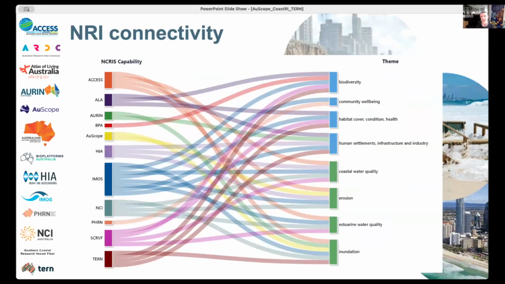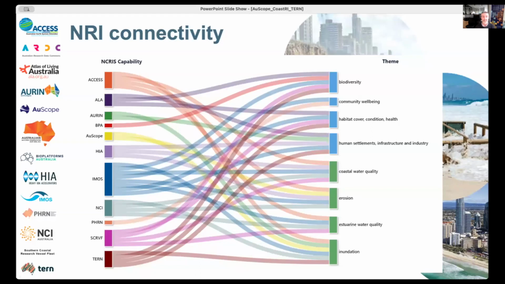This is quite a neat little diagram, but one Michelle put together recently shows the real complexity of how that actually looks. We identified a number of themes that have come out of the consultations, and you can see things like biodiversity, community wellbeing, habitat cover, human settlements, coastal water quality, erosion, estuarine water quality, and inundation were really the big ticket items. We've also been able to map areas of existing capability, or opportunity for growing capability, across to the existing NCRIS capabilities.